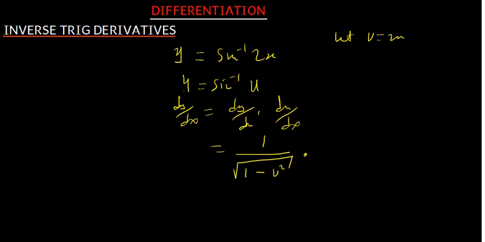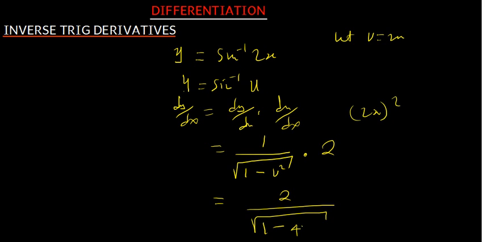And then we are multiplying that by the derivative of 2x, which is 2. So that is going to give us 2 on top divided by the root of 1 minus, now where there is u, we put 2x. So that will be 2x squared, which gives 4x squared. So this is the derivative for that one.